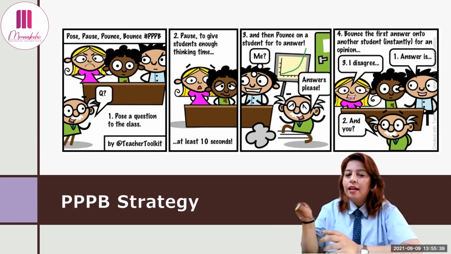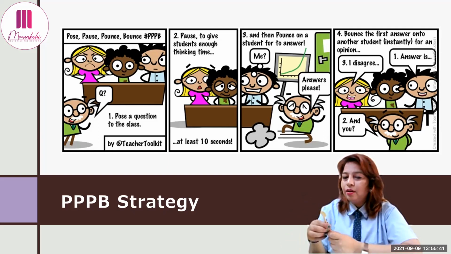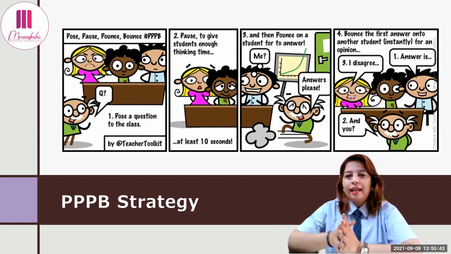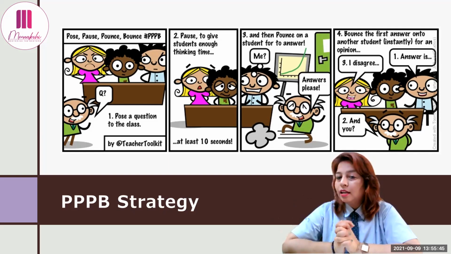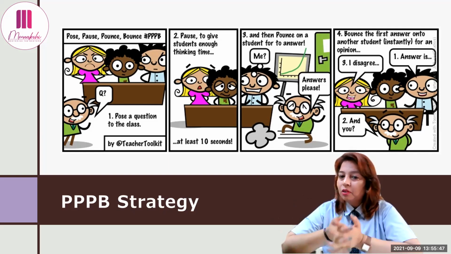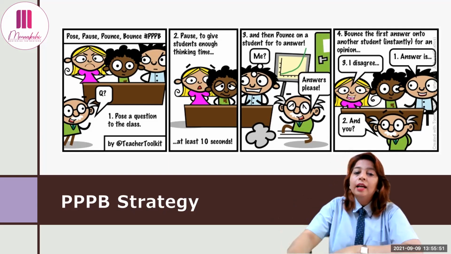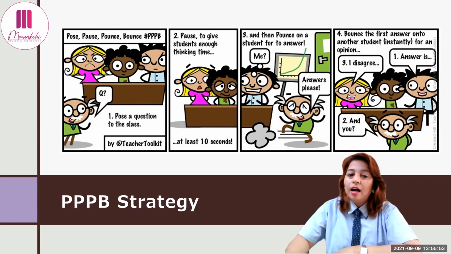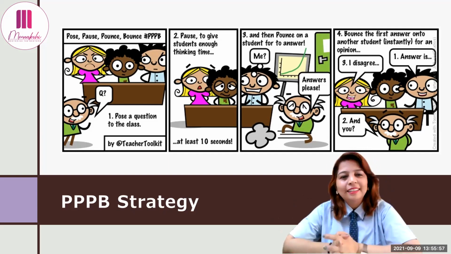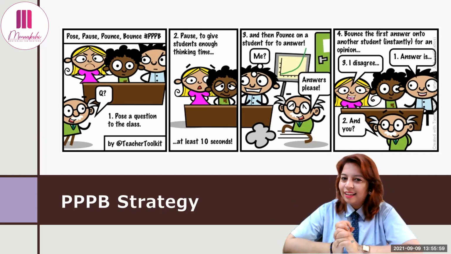Just pick another popsicle and read out the name of the child, and they will come up with an answer, whether they agree or disagree. Whatever the case may be, they will be sharing their own answer. This is how this strategy works. Isn't it simple and sophisticated?